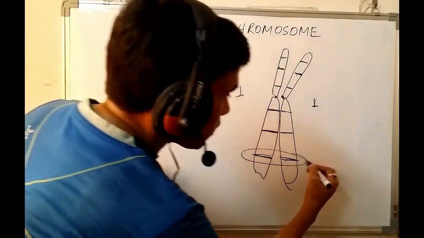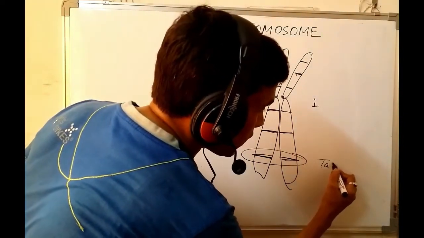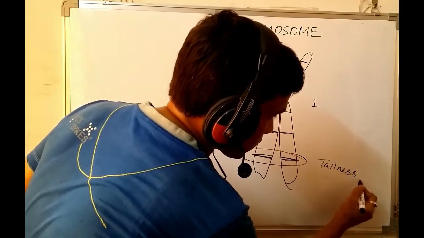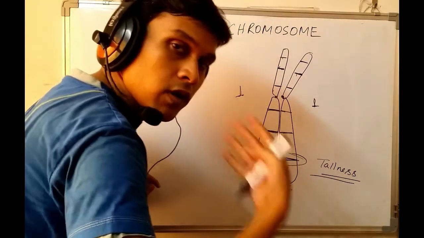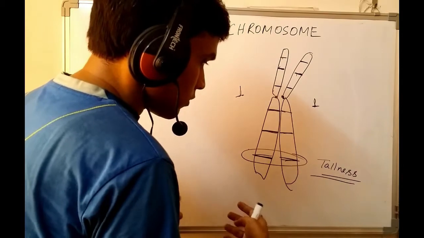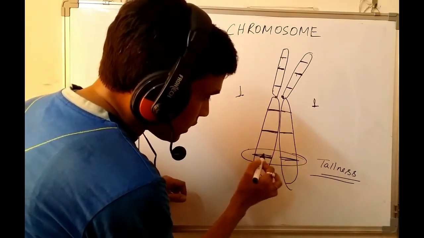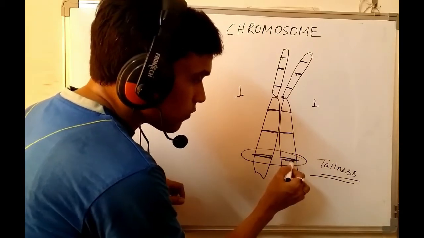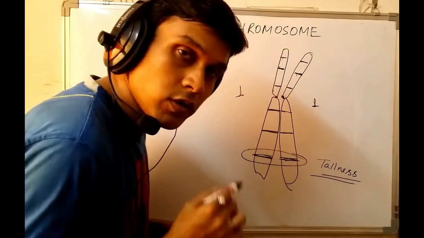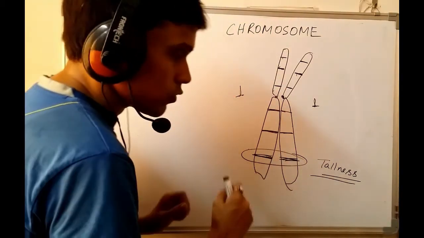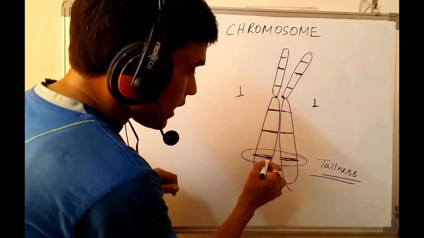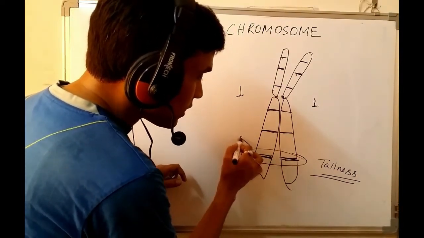Suppose this is a gene for tallness. This is responsible for our growth. So if there is one gene for tallness, obviously there is another gene for tallness because there are two chromosomes. Now, these are called alleles.